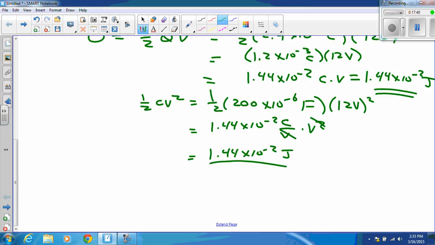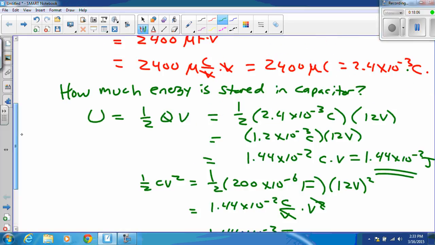What is your preferred method? My preferred method, if I'm working a problem, is to use the given quantities just in case I messed up on the calculations. Here we're given the capacitance and the voltage, so it makes sense to use this formula so I can plug in what's given to me.